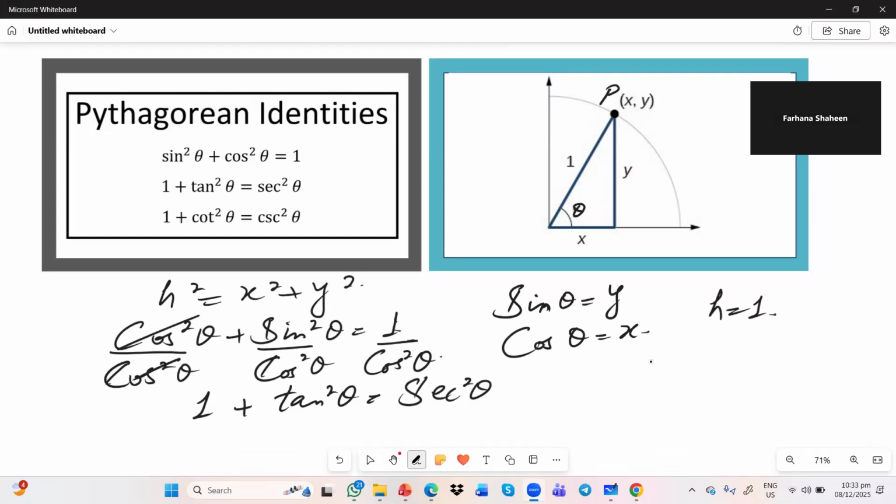So from the first Pythagorean identity, we now have another one, which is 1 plus tan square theta is equal to secant square theta.